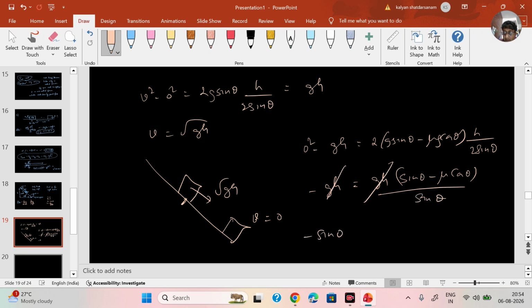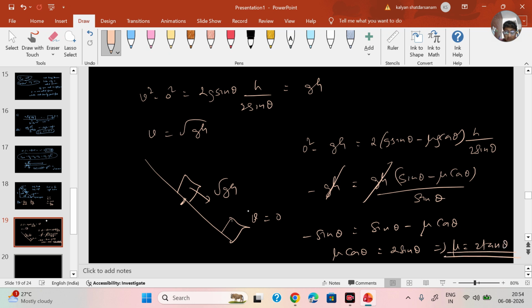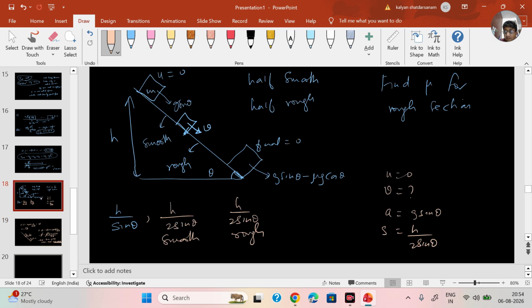So minus sine theta is sine theta minus mu cos theta. So mu cos theta is 2 sine theta, which implies mu is 2 tan theta. You got mu. The question is, find mu for the rough section.